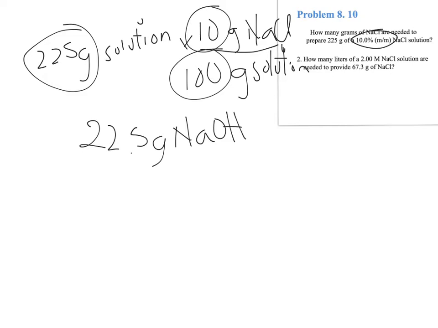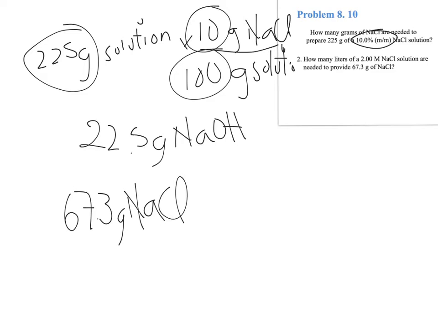So let's do the second one. How many liters of a 2 molar solution are needed to provide 66.3 grams of sodium chloride? So since we're dealing with molarity, we cannot use grams. The first step will be to convert these grams to moles.